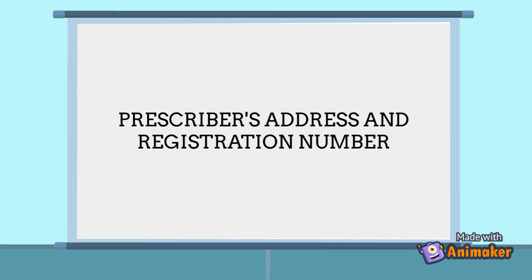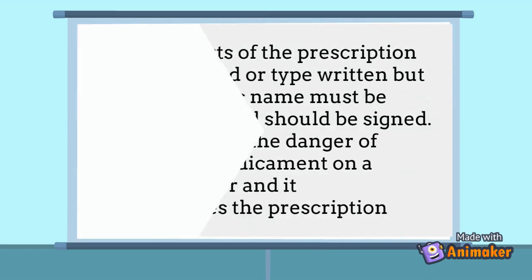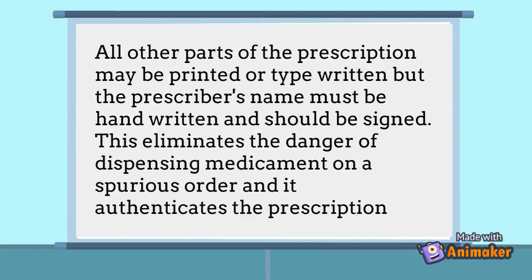Ninth, and the last part of prescription is prescriber's address and registration number. All other parts of the prescription may be printed or typewritten, but the prescriber's name must be handwritten and should be signed.